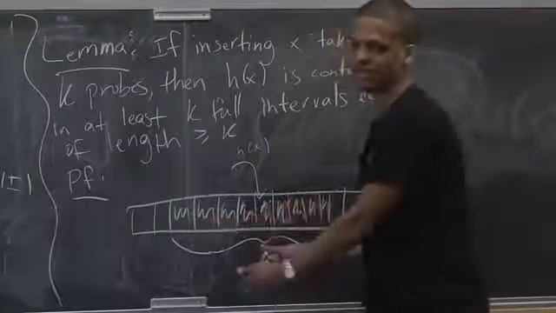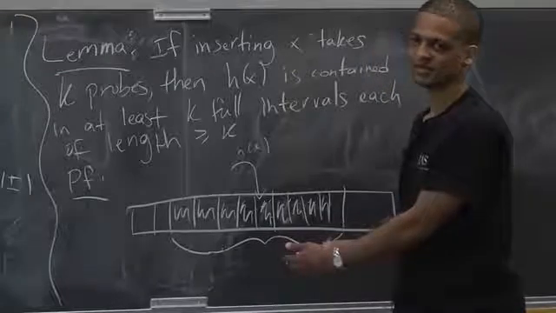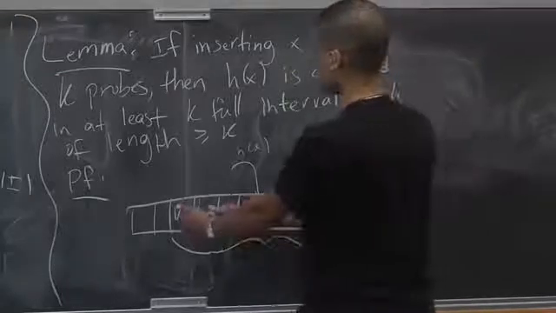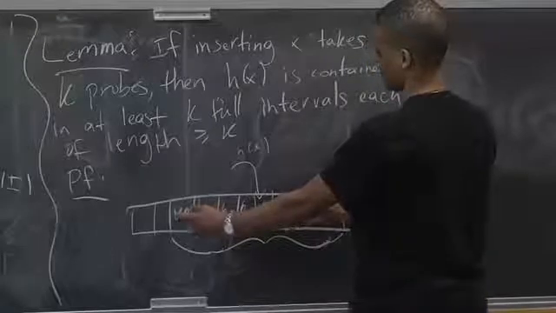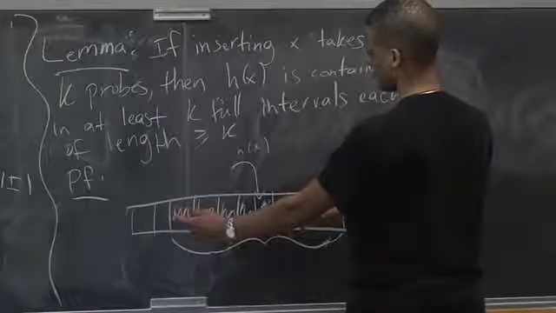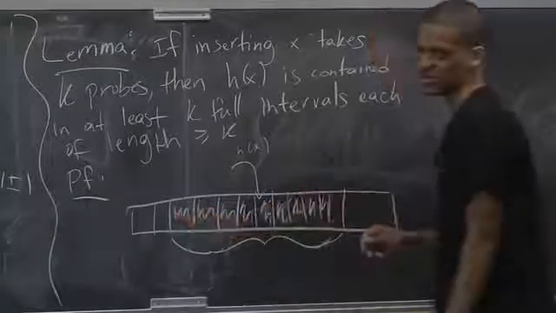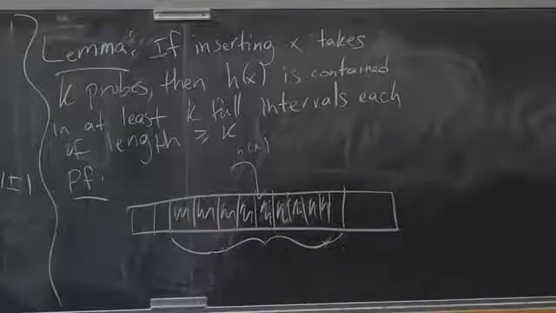Any prefix interval is also full. So if you take the k different prefix intervals that start here, take this one, take that one, et cetera, those are all full intervals. Maybe of length less than k, if the interval starts only one to the left?